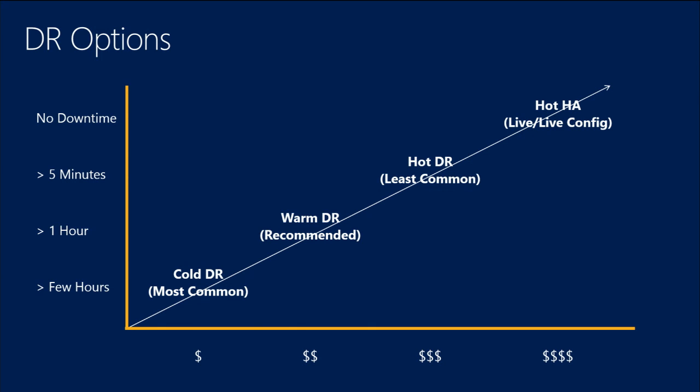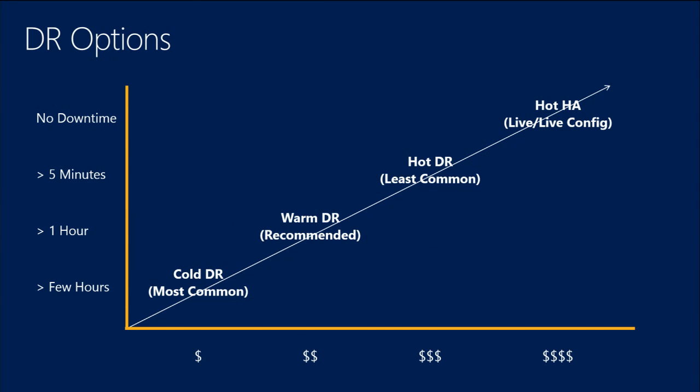When we go to warm, which is more of the recommended one, we're talking about having something that is not being used, but it's there. If I need it, I can quickly, in less than an hour, shift. If I go for something like, oh, around 5 minutes, I need a hot DR. I need something that is actually running and it's actually there.